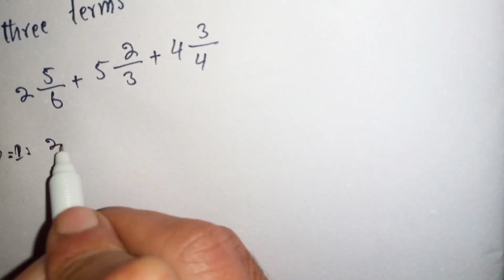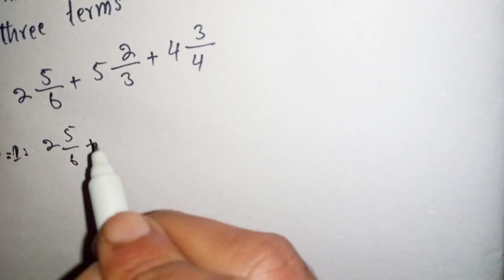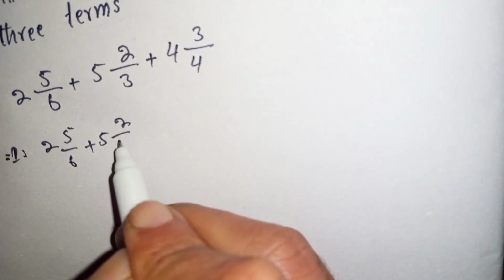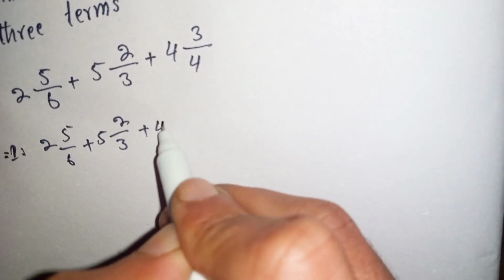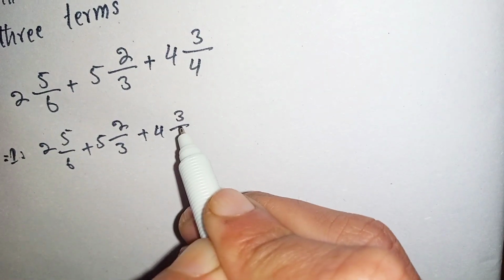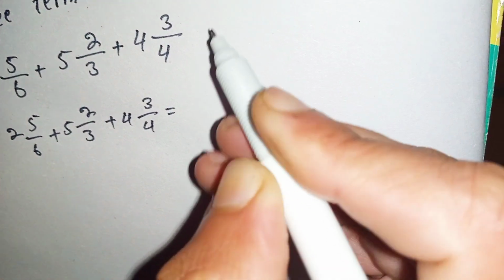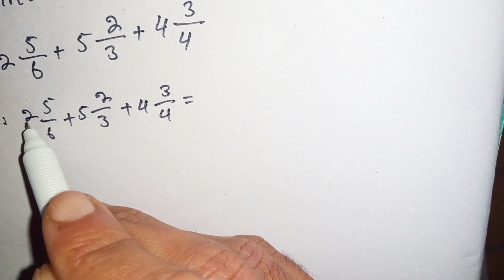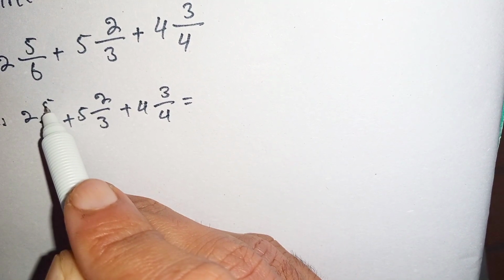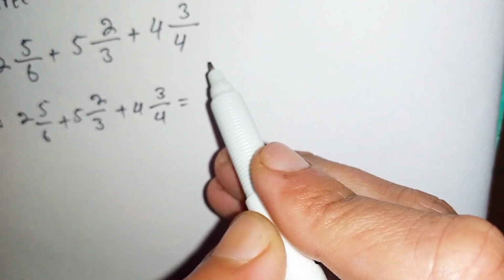So 2 and 5 over 6 plus 5 and 2 over 3 plus 4 and 3 over 4 is equal to: 6 times 2 is 12 plus 5 is equal to 17.